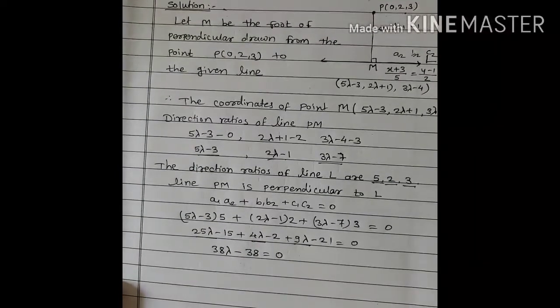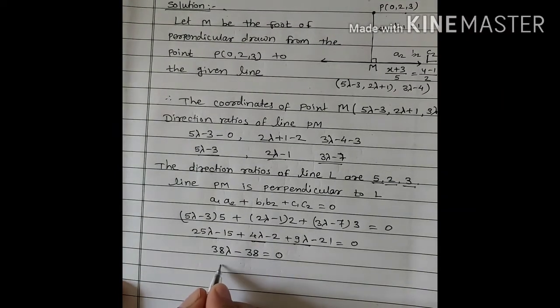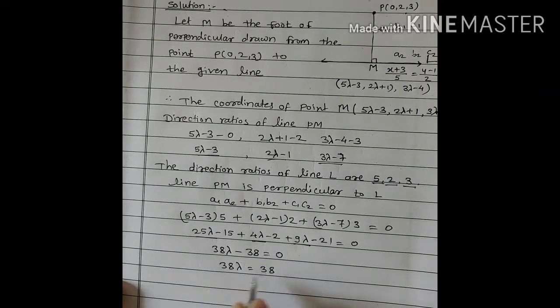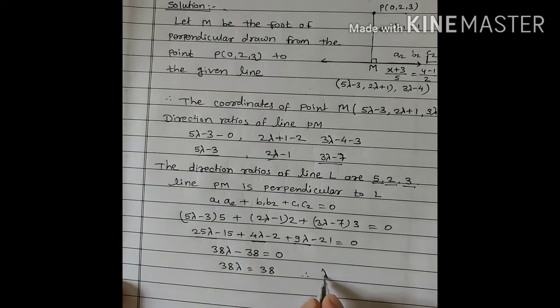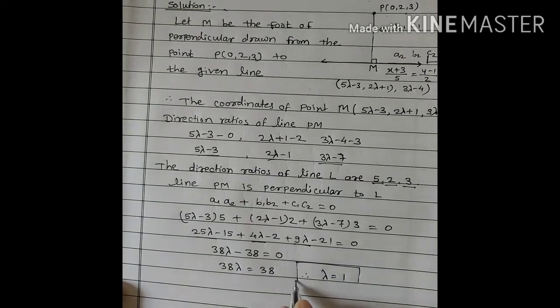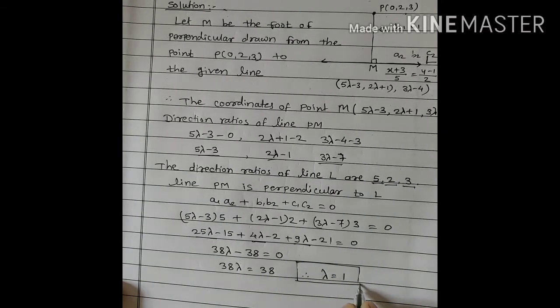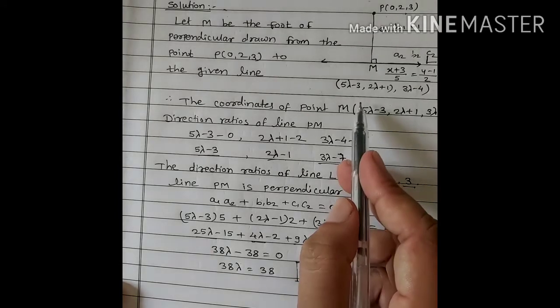Minus 38 shifted to right hand side, it become plus 38. So 38 lambda is equal to 38. Multiplicative 38 shifted to right side get divided, 38 cancel, lambda value is obtained 1. After getting this lambda value 1, we can determine coordinates of point M.